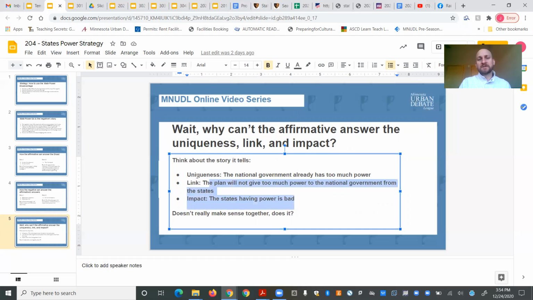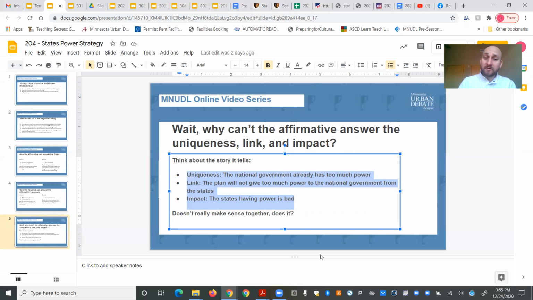You want to choose which parts you're answering and then be able to answer them in a way that says passing the plan will not cause the disadvantage, or if it does cause a disadvantage, it would actually be good because we want to take power away from the states. And also, the case is still going to cause a lot of benefits and not harms. So therefore, if the judge passes the plan, they'll have the benefits of the case, and those benefits will outweigh the disad, or the disad actually creates more benefits for the affirmative.